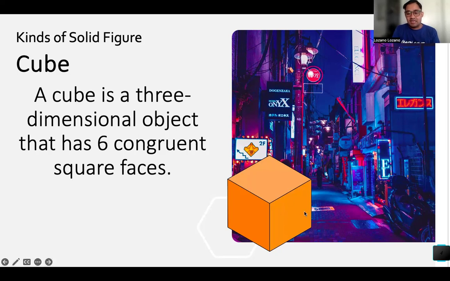And also there are edges, yung mga corners, meron mga corners or apex and edges tayo sa ating mga cube. Do you remember our solid figures when you were in grade 4, I think? So this is a review, unlocking our ideas.